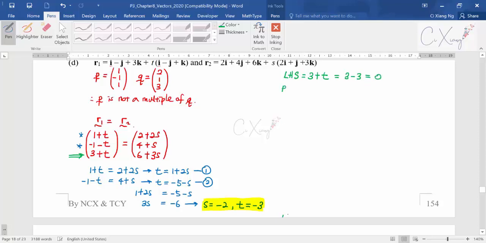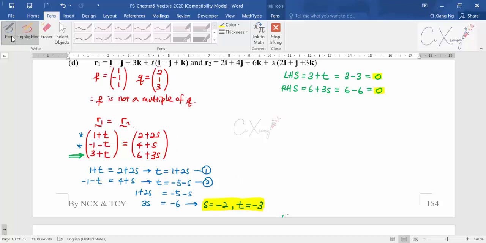And then the right-hand side of the equation, you are having 6 plus 3S. So 6 plus 3S is also 6 minus 6, which is equals to 0. So you can see that left-hand side is equals to right-hand side, which means the value of S and T is true or correct for all the three equations here. Okay, when you let R1 equals to R2.